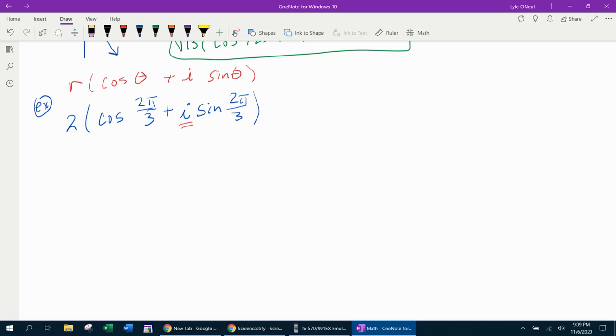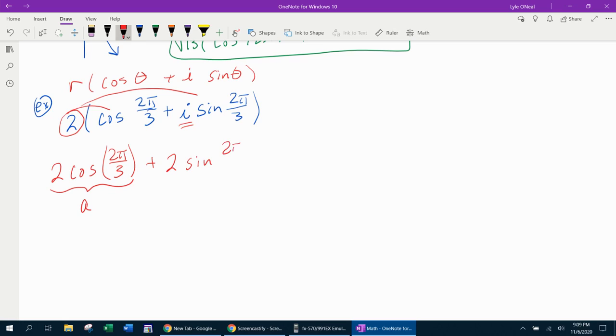To convert this to rectangular form, all you have to do is take the radius and distribute. So that's going to give us 2 cosine 2 pi over 3. That will be my A plus, remember I said we're going to distribute the 2. That'll be 2 sine 2 pi over 3. And then the I, I'm going to stick at the back.